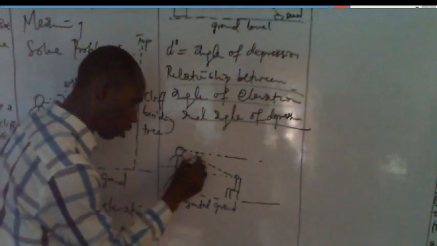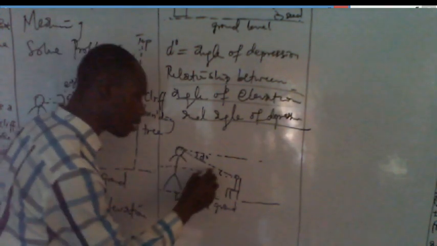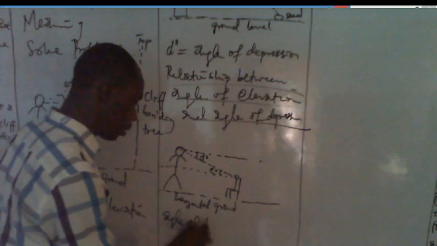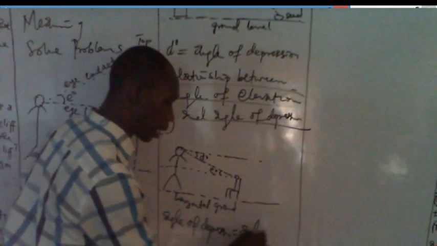So the angle of depression of the teacher will be equal to the angle of elevation of the student, making angle of depression equal to angle of elevation.